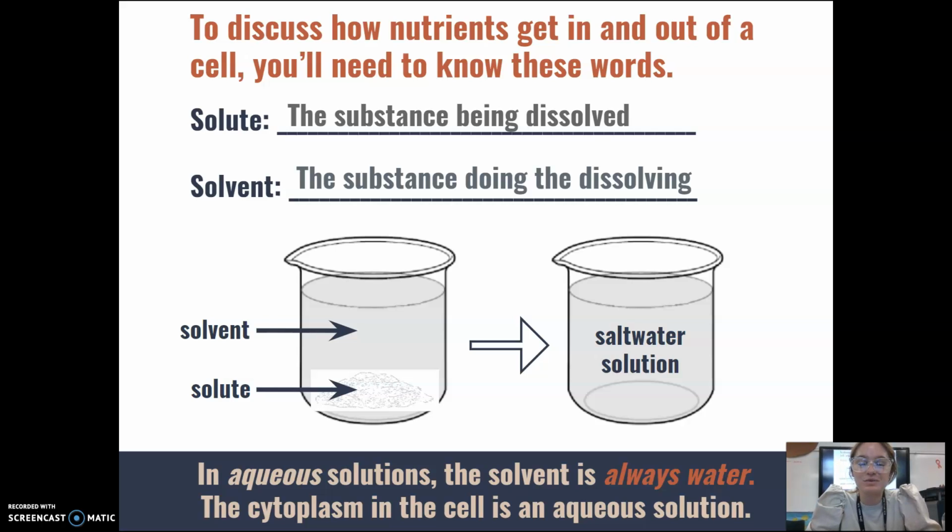We can also do this with something like sugar. Sugar is a pretty popular solute as well. You can make things like sugar water, or you could be a normal person and drink sugar in your coffee. I'm personally not, I'm trying to stay away from sugar, so I'm using a substitute. It's actually my protein powder I use in the morning.